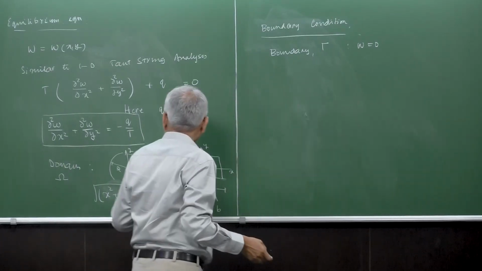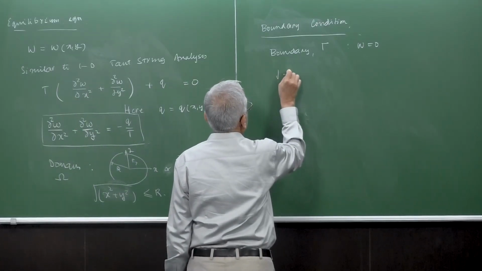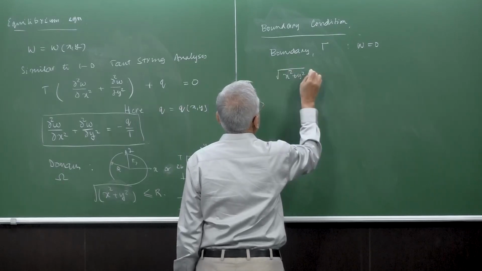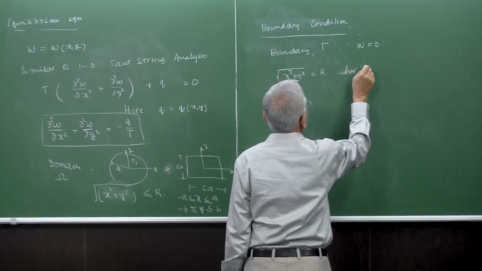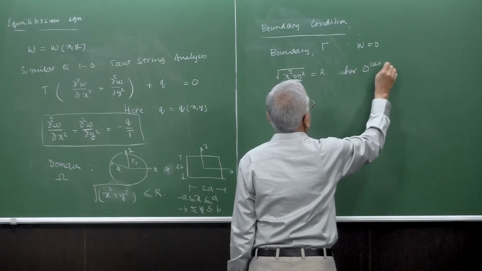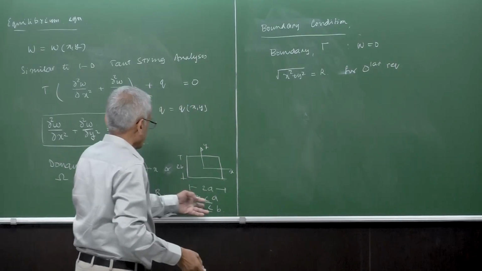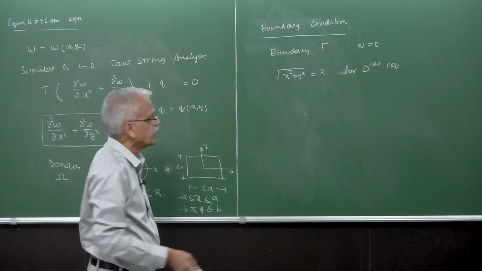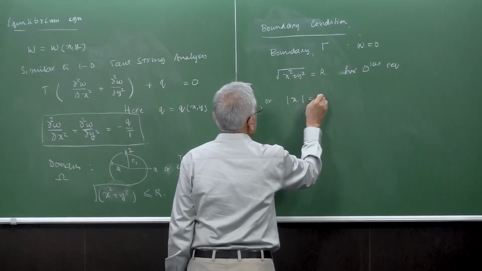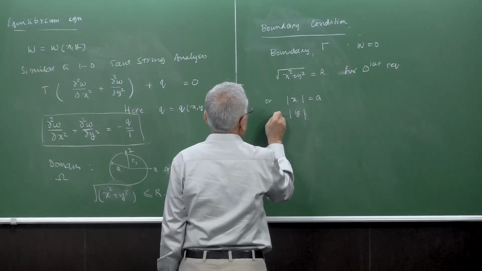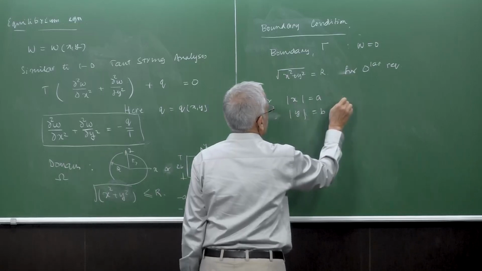So this gamma can be, what is that, simply the root of x square plus y square equal to R for a circular region, or for a rectangular region you can also put it as x equal to plus or minus a, and y equal to plus or minus b.